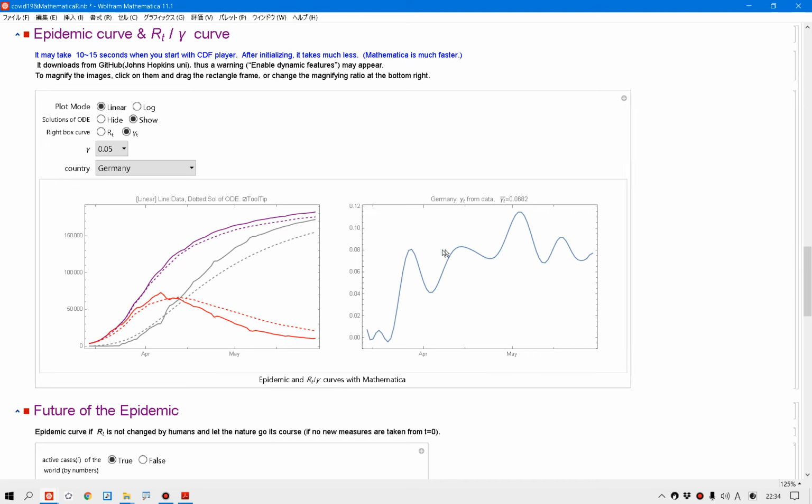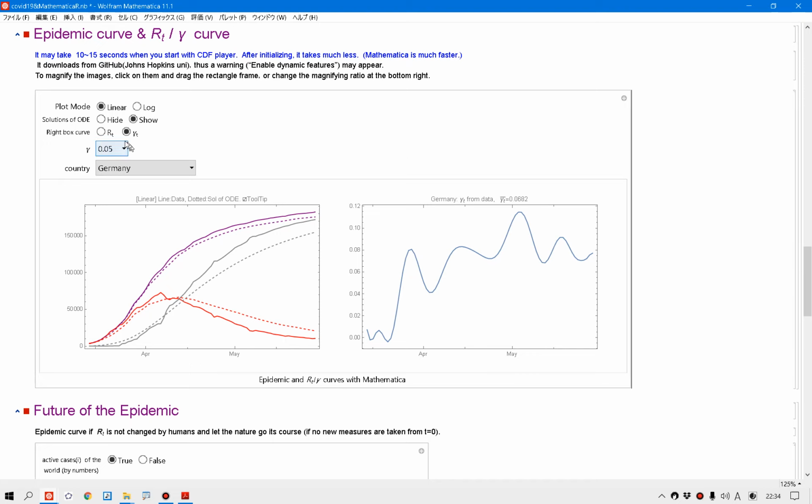When you look from here to here, it's almost constant. And the value of 0.068 is very reliable. So I think in Germany, all data, recovered and infected, are correct.